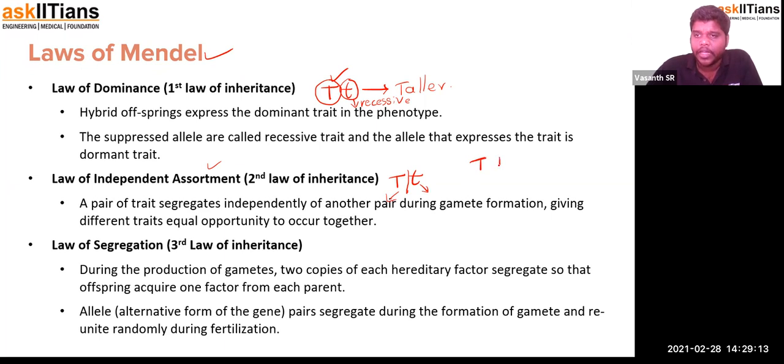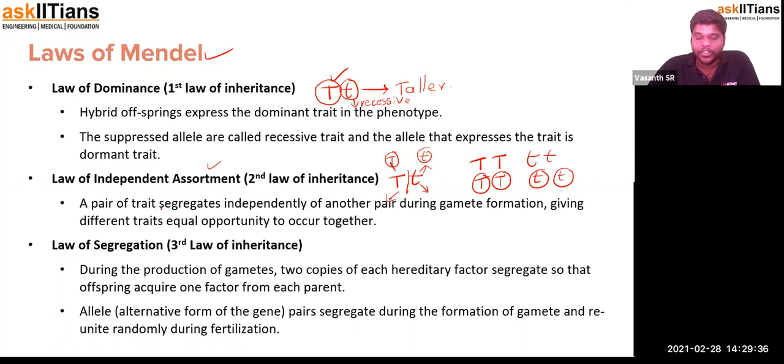If it is capital T, it will form capital T gametes. If it is small t, or dwarf homozygous, then it will form small t gametes. But in the case of heterozygous, it will be one capital T gamete and another small t gamete. This is what is represented in independent assortment.